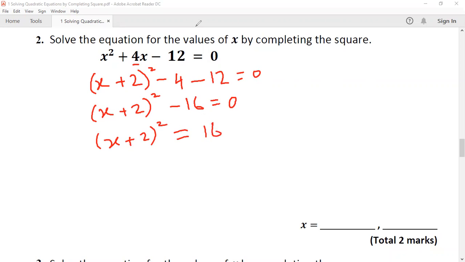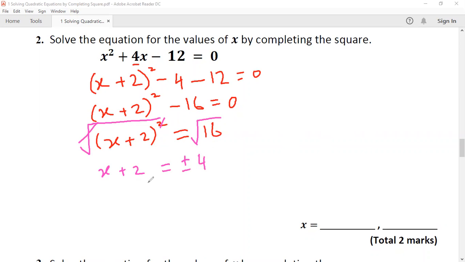And then we can square root both sides of the equation. On the left-hand side, square and square root will get cancelled. And I'm going to get x plus 2 equals, on the right-hand side, plus or minus 4, because the square root of 16 can either be plus 4 or minus 4.